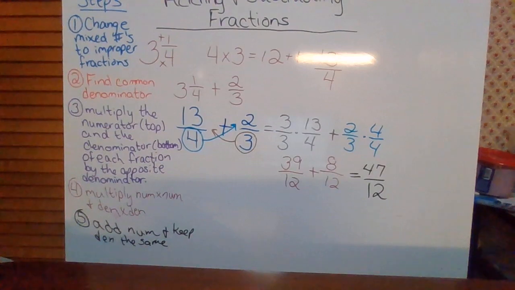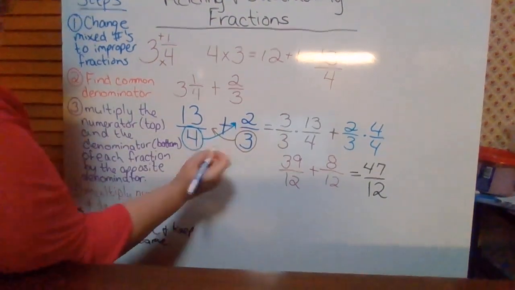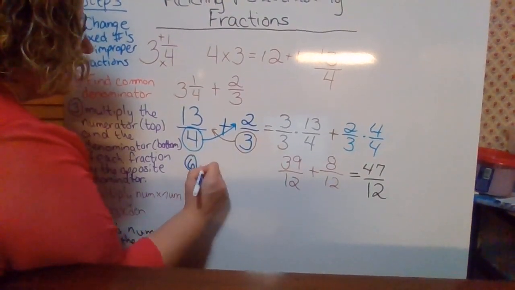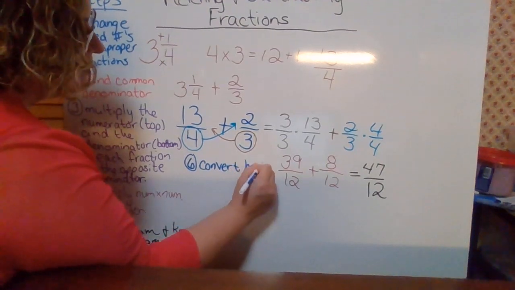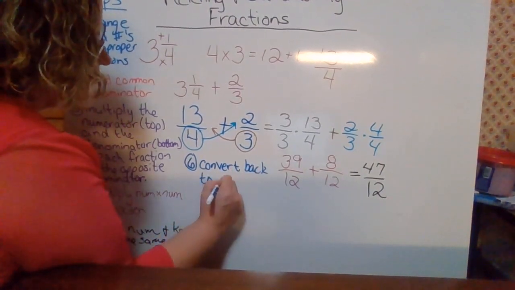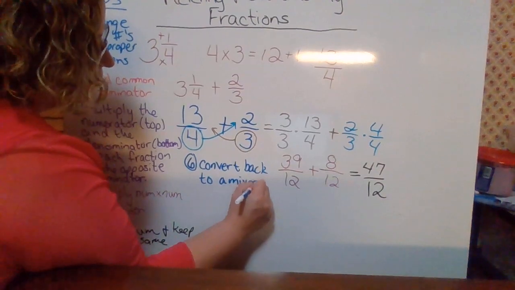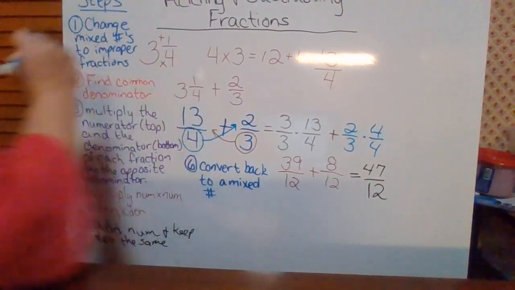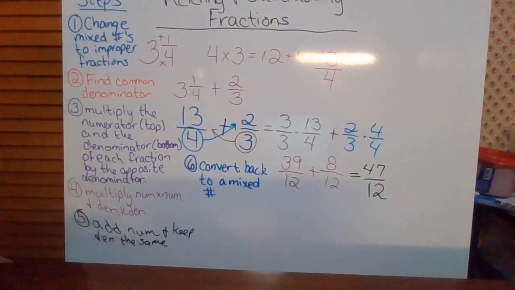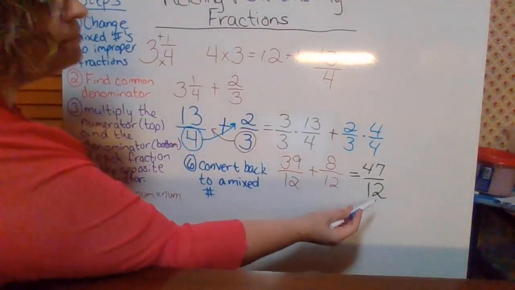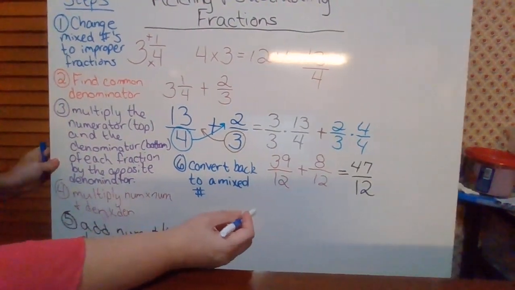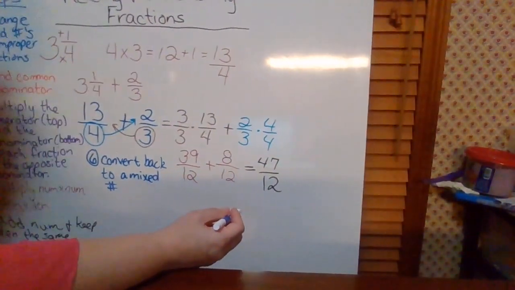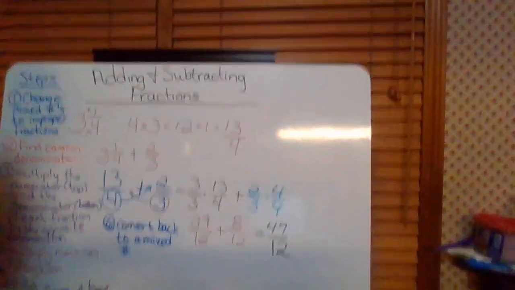And then your very last step, and I'm going to write it right here. Step number 6, convert back to a mixed number. That's your last step, to convert back to a mixed number. So remember how we do that. I'm going to slide my board a little bit so I can do it up here so it's a little bit easier for you to see.